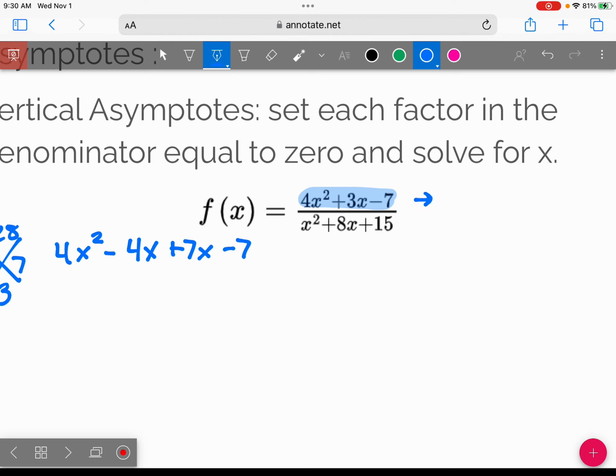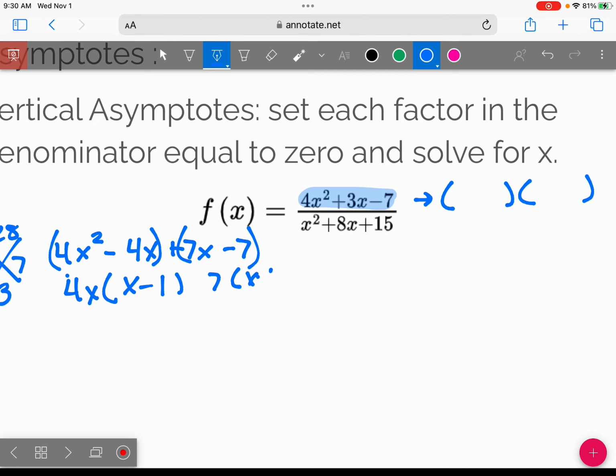So putting this into factored form, we're going to have our 4x with x minus 1 and 7 with x minus 1.